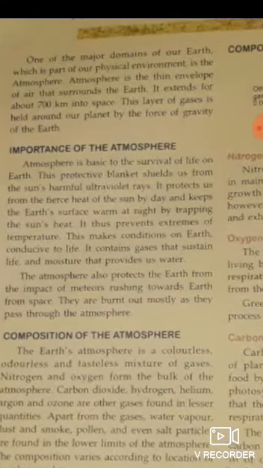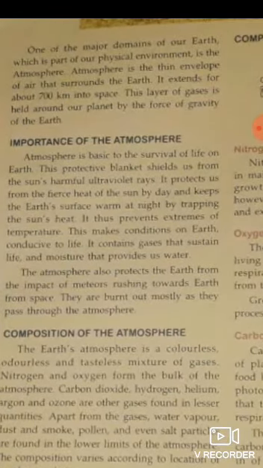Now let us see the importance of the atmosphere. Atmosphere is basic to the survival of life on Earth. This protective blanket shields us from the sun's harmful ultraviolet rays.